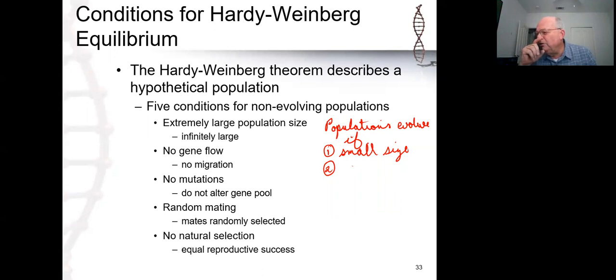I'm just looking at this and I just realized that I've got a typo. It should say that there is gene flow and therefore migration. And my whole explanation of that was wrong. Yeah, I do make mistakes, and I'll be the first to admit to it.